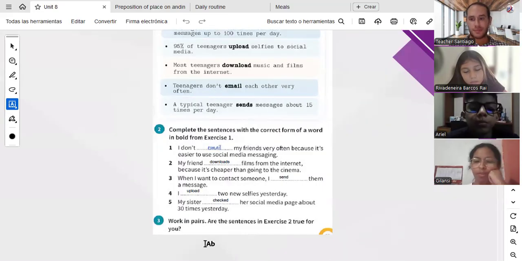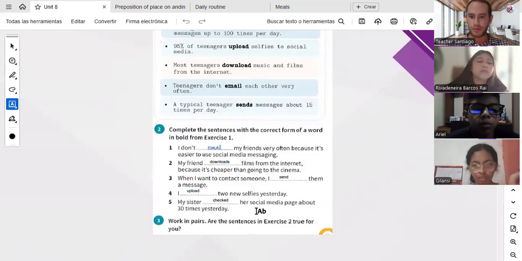Okay, let's check this. Are these sentences true for you? Any of these sentences, Fiorella, what about you? You do some of these things.